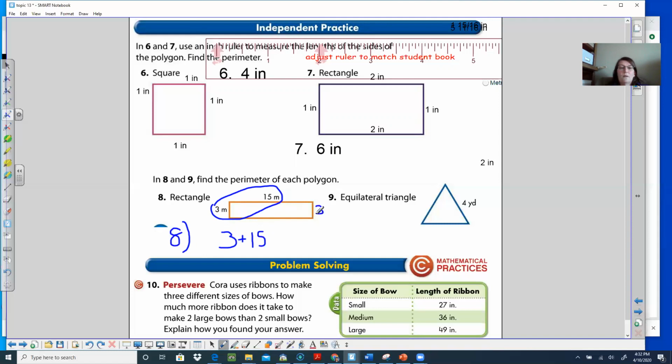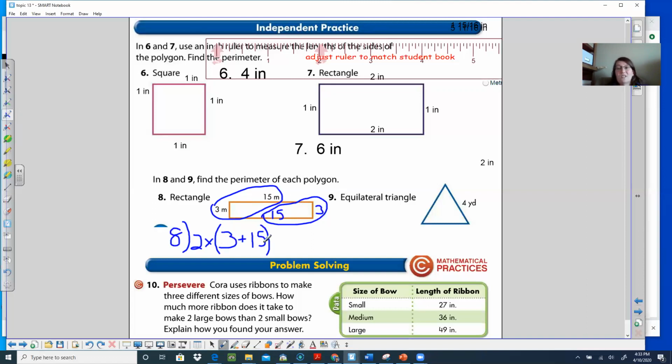Now here's 3, here's 15. You'll notice there's two sets of them. There's two sets of 3s and two sets of 15s. So I can take that and I can then add them. And I can multiply it by 2 because there's two pairs of those.